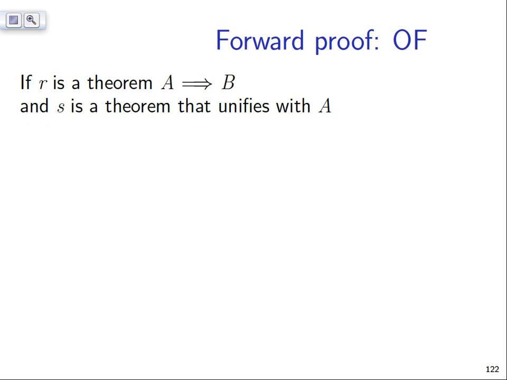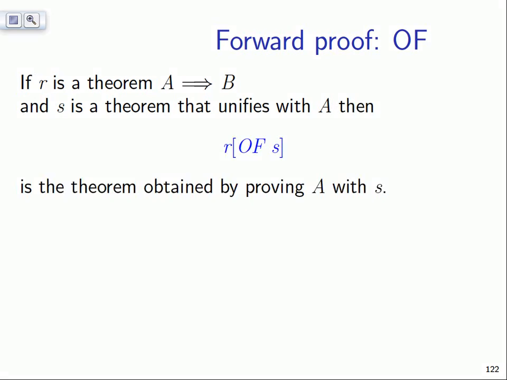S basically says I have some variant of A, and R says, oh, from A you can go to B, and therefore if you combine S and R, you can get B unconditionally.